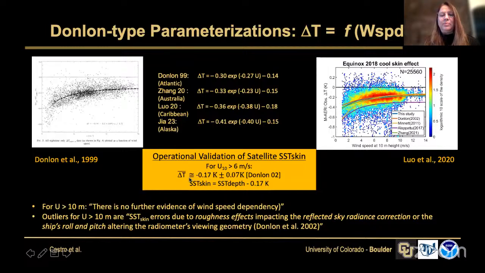You just filter the buoy data for winds greater than 6 meters per second, add a cool bias, which is the constant term in the negative exponential, and then you can transform buoy SSTs to skin SSTs. This is the common approach and it's still done to this day.